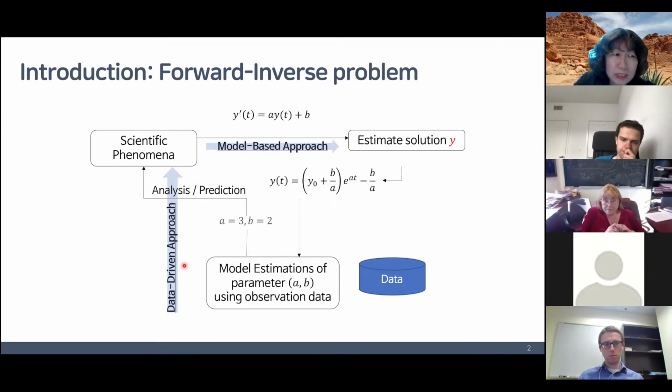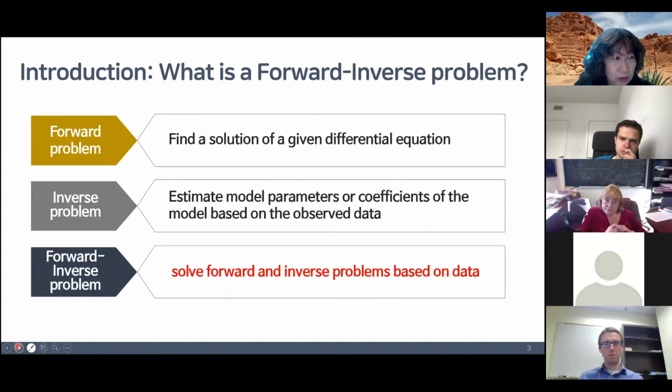In this talk, we are interested in both approaches. To be more precise, we look at a method to combine these two different approaches. First, the forward problem is to find a solution of a given differential equation.